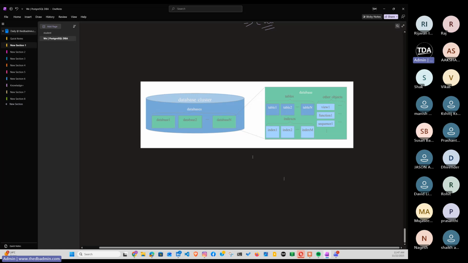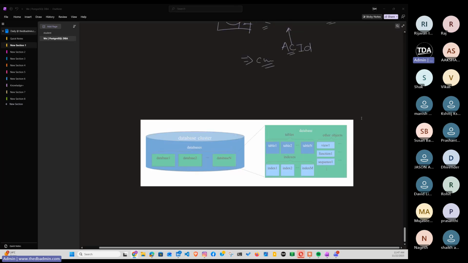Okay, great. So let's start our basic database concepts and some basics of our database, like the Postgres database. Whenever you are trying to understand a database, you should understand it in two different factors.